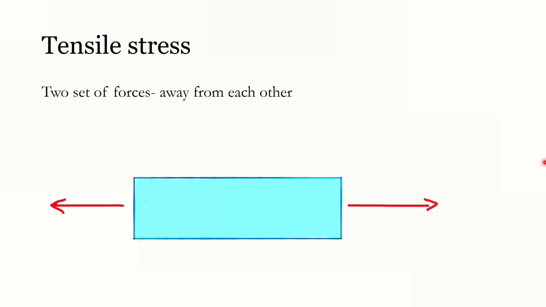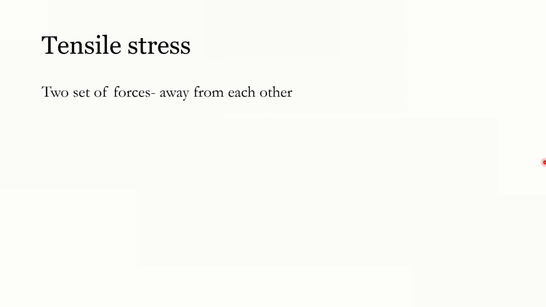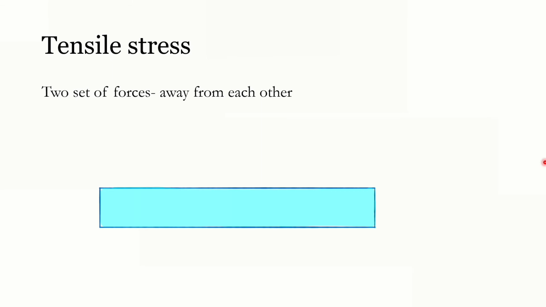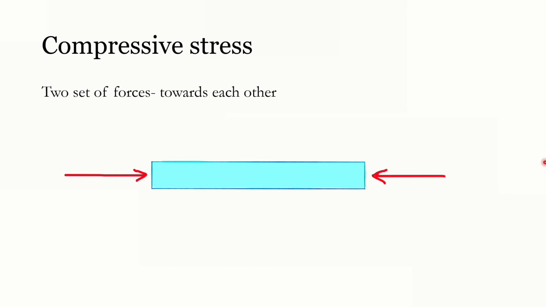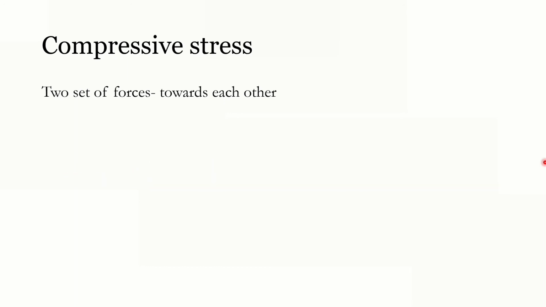When this goes beyond the tolerable level, it will result in elongation or stretching of that particular material. Next, we'll talk about compressive stress. Here, the two sets of forces are moving towards each other. When it happens like that, it is going to compress that particular material, resulting in the shortening of the body. Next is shear stress.